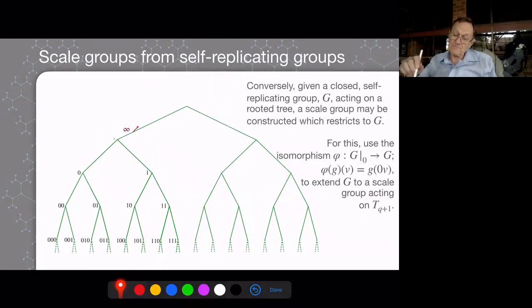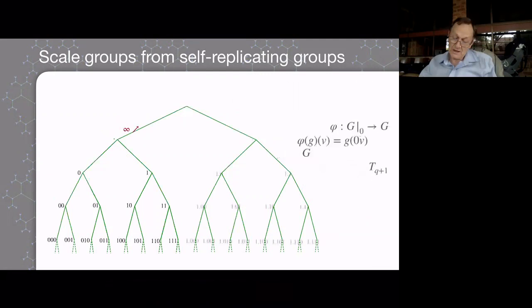Well, we pull back this isomorphism phi. So we embed our original tree in a larger tree, as if it is now the set of descendants of one of the children of the root of our new larger tree.